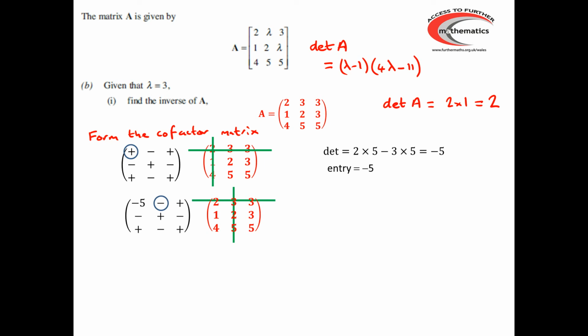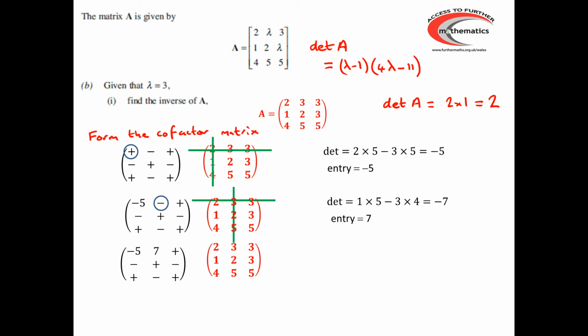The determinant of what is left is 1 times 5, take away 3 times 4, which is minus 7. In the grid matrix we have a minus sign, so the entry has got to be minus 7, in other words it's 7.